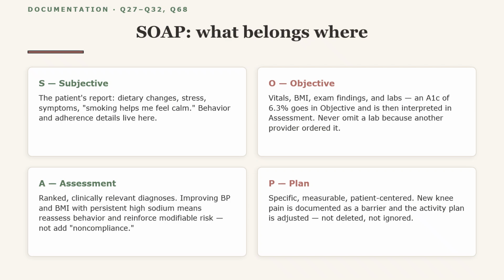It's documented as a barrier, and the activity plan is adjusted around it. Removing activity recommendations entirely, ignoring the report until confirmed, or adding a diagnosis without changing the plan at all fail the patient. So when an option asks you to delete information, defer documentation, or blame the patient, wrong, wrong, wrong. It's never going to be the correct answer.